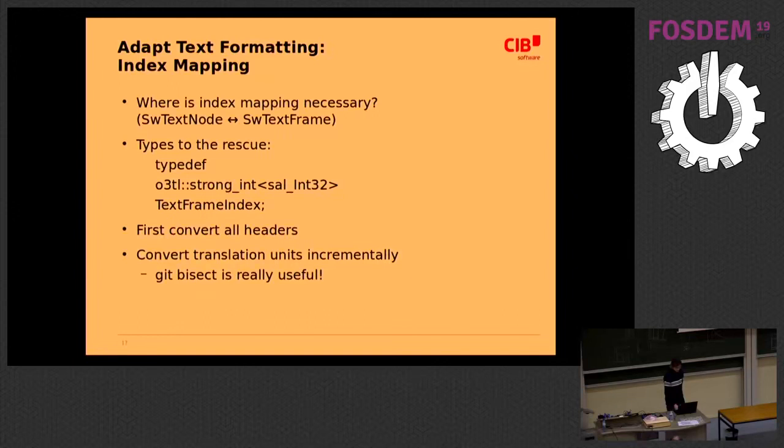Right, and of course there are these mapping functions at the text frame that can actually take an SwPosition and map it to the text frame index and vice versa. And the nice thing about this is that we can do this incrementally, so we get a long series of small patches where we can then use git bisect if we made any mistake to find quickly where the problem is.